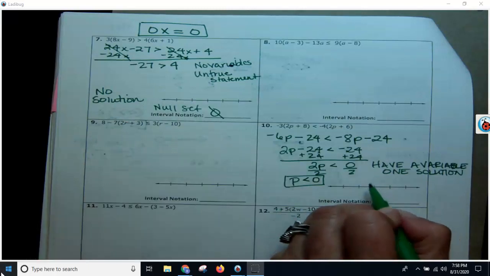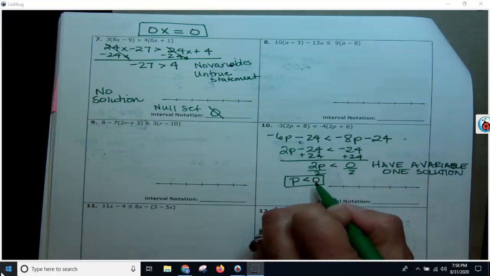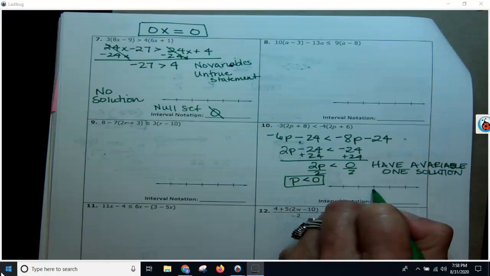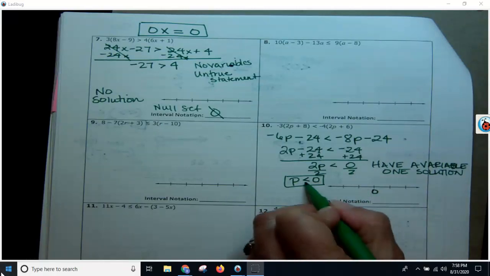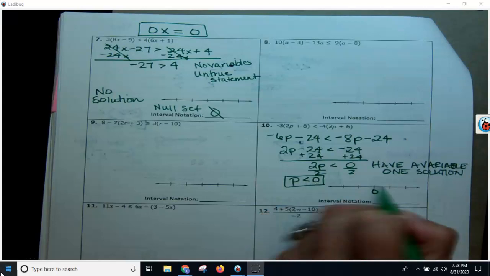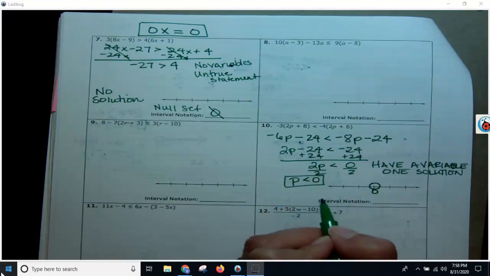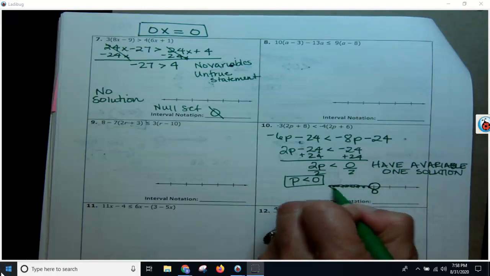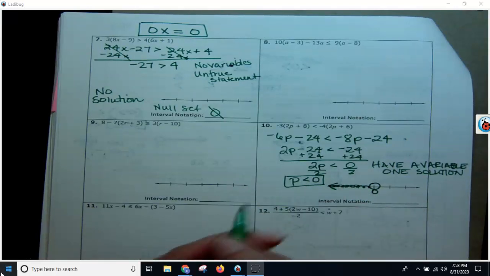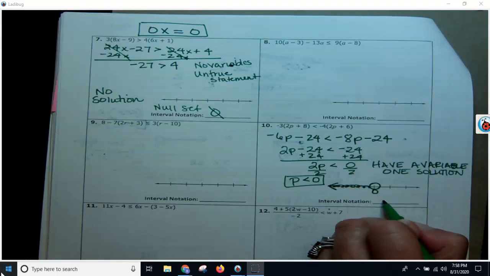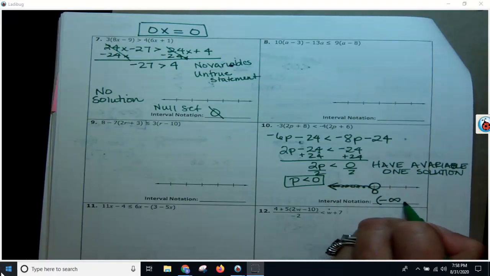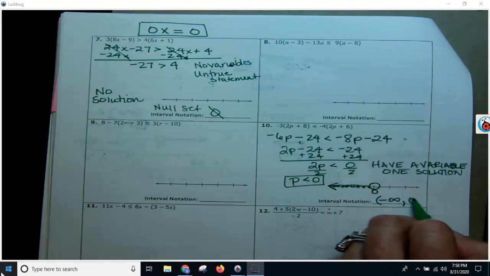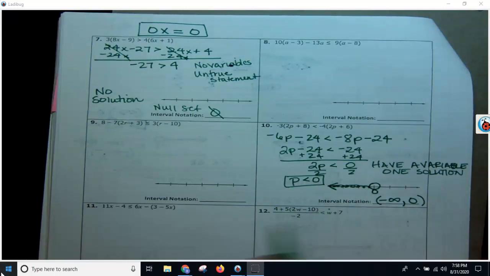So when I'm here, I'm going to say, okay, p is less than 0, so I'm going to mark my 0 here. I'm going to use an open circle because that's a less than, not less than or equal to. And p has to be less than that, so I'm going to shade all of this that way. So to write it in interval notation, I'm going to go negative infinity with my parentheses, and 0 also with my parentheses because it's not equal to it.